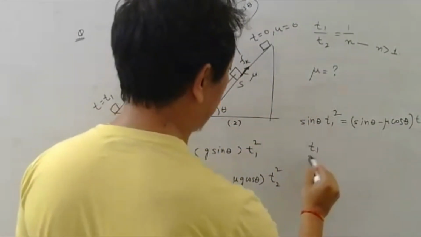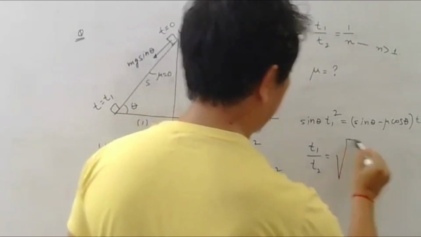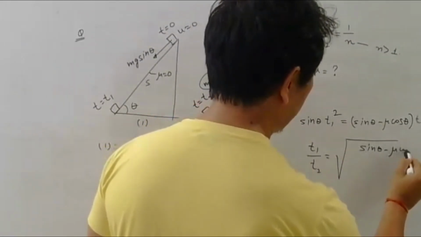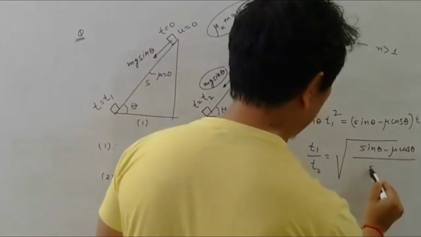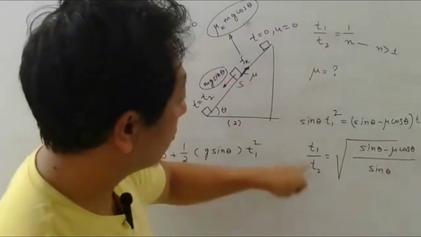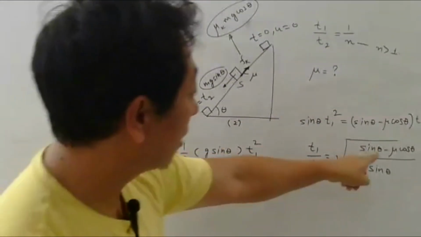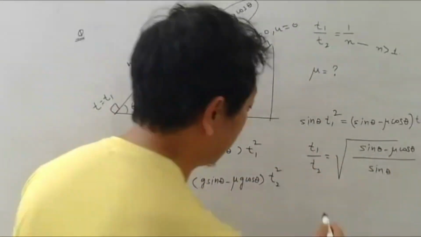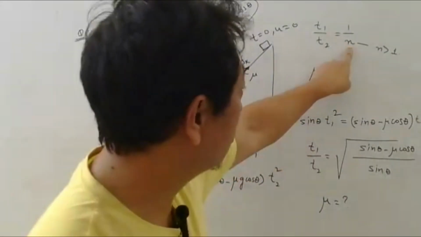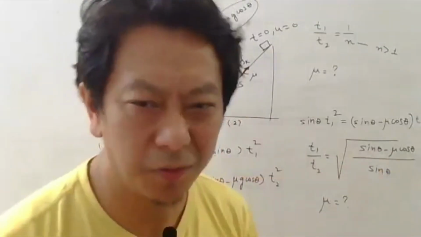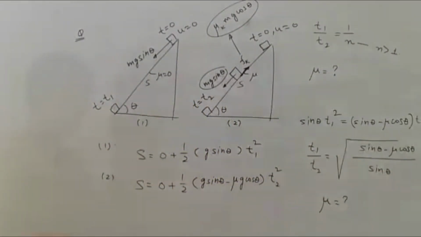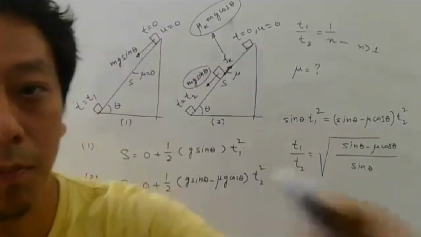That means t1 by t2 will be under root sin theta minus mu cos theta divided by sin theta. Now t1 by t2 is given 1 by n. Substitute, theta will be also given. You can find mu value. Okay. Take some numbers. Take here 2. And for theta, take 45 degree or 30 degree like that. Done.